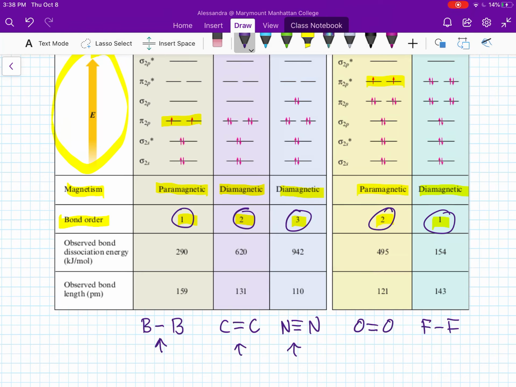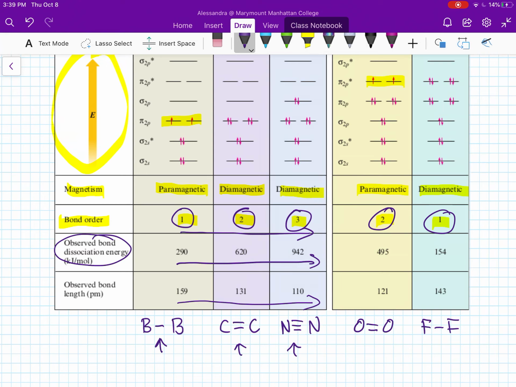What else can we say about this? As the bond order increases, the bond energy increases as well. You notice as the bond order goes from 1 to 2 to 3, the bond energy increases. So the higher the bond order, the stronger the bond, the more energy it takes to break it. Conversely, as the bond order increases, the bond length decreases.